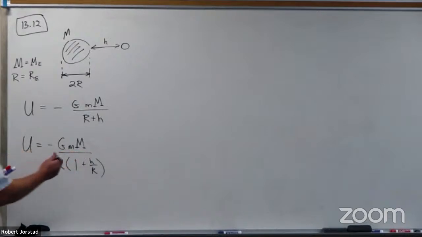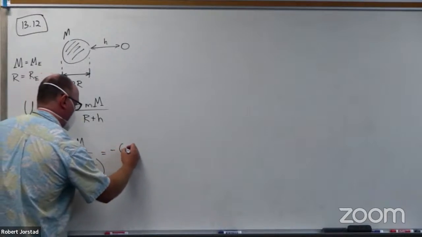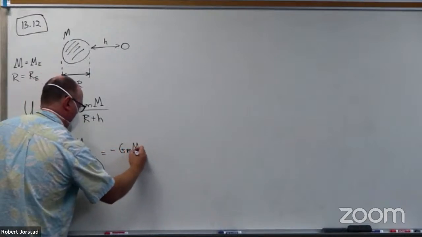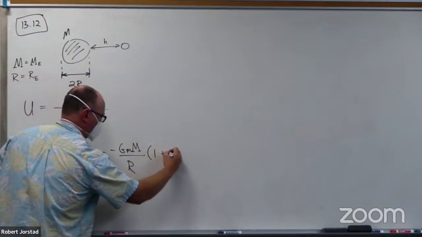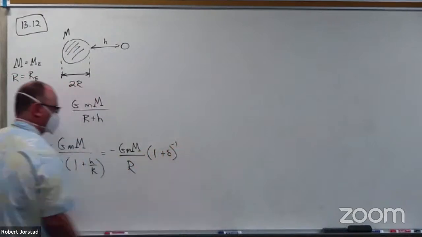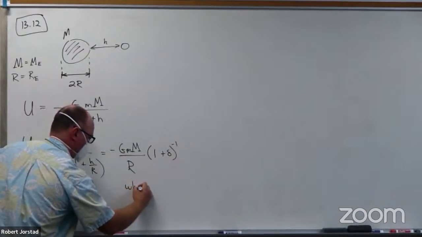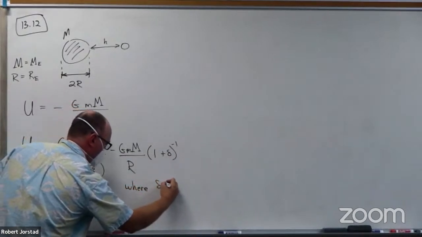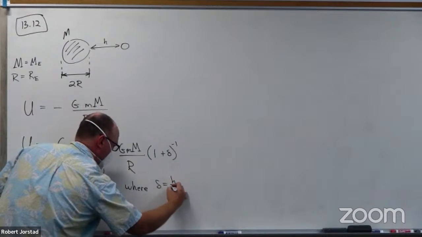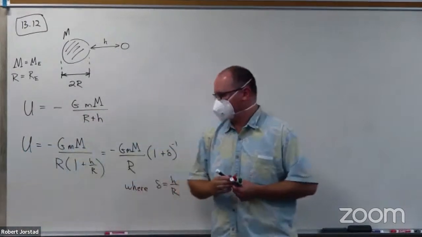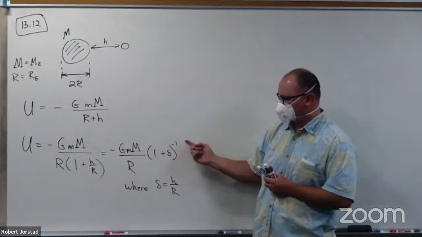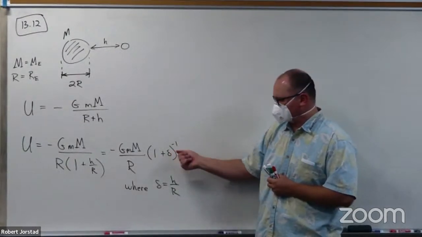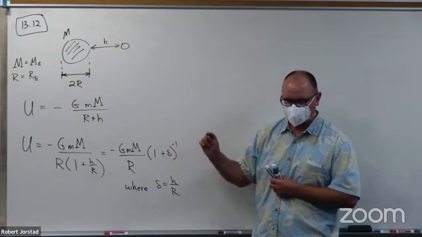That allows me to rewrite this in this way. I'm rewriting this by bringing this to the numerator, raising it to the -1, and I'm renaming this small parameter delta. Delta means something small.